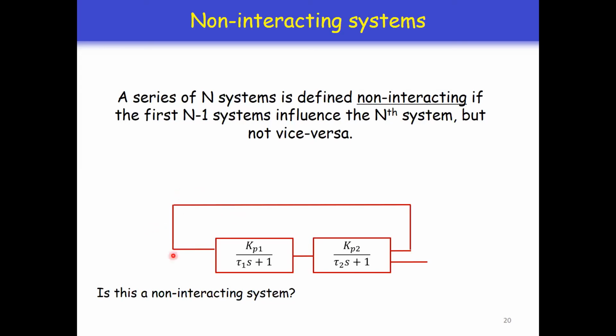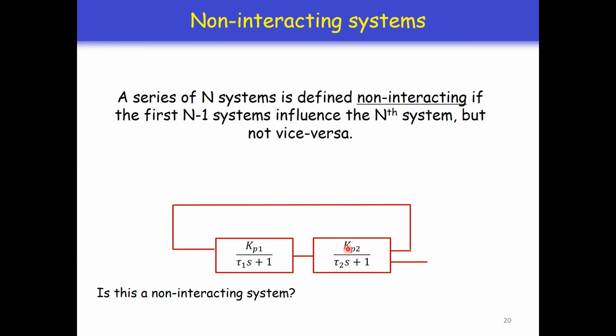So let's consider the system that you have depicted in this figure. You have two first-order systems in series, whose transfer functions are Kp1 divided by tau1 s plus 1, and Kp2 divided by tau2 s plus 1.